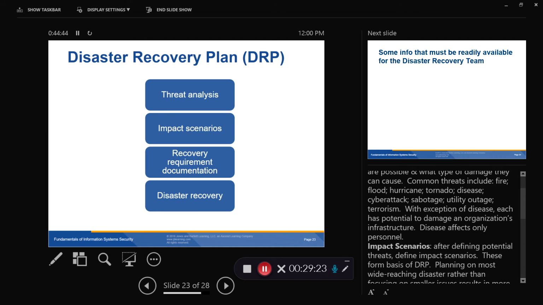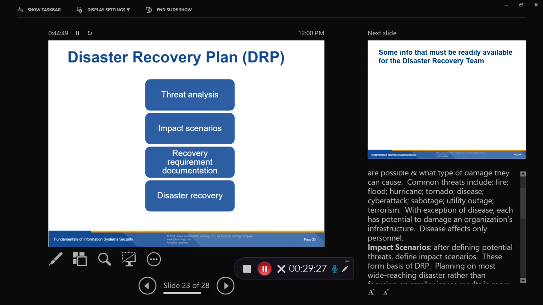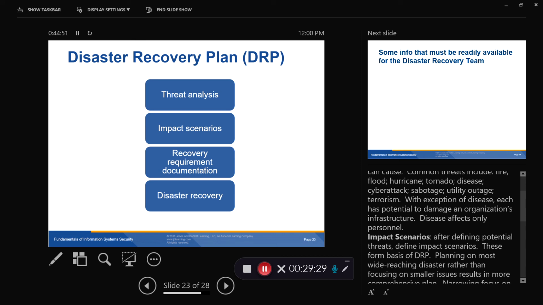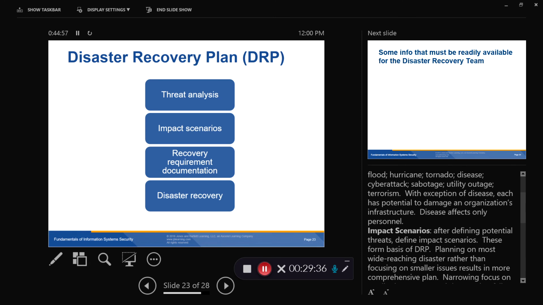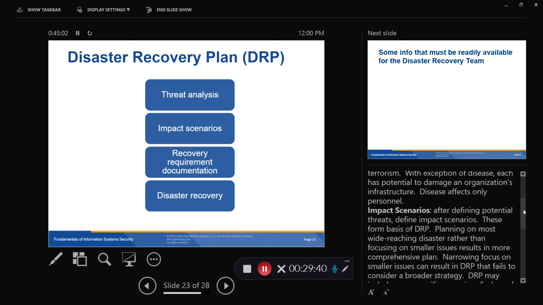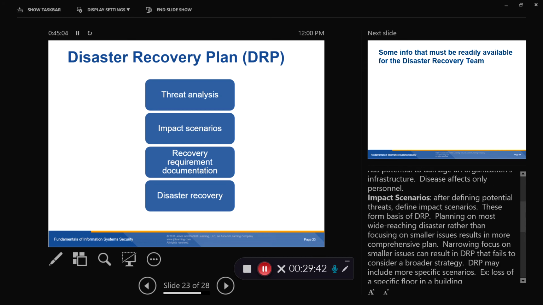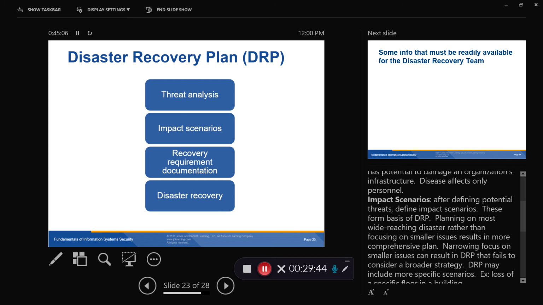Common threats include fire, flood, hurricane, tornado, disease, cyber attack, sabotage. You could have somebody deliberately trying to destroy your equipment or your data, utility outage, and terrorism. With the exception of disease, each has the potential to damage an organization's infrastructure, because disease, if it ever did happen, really affects only personnel.